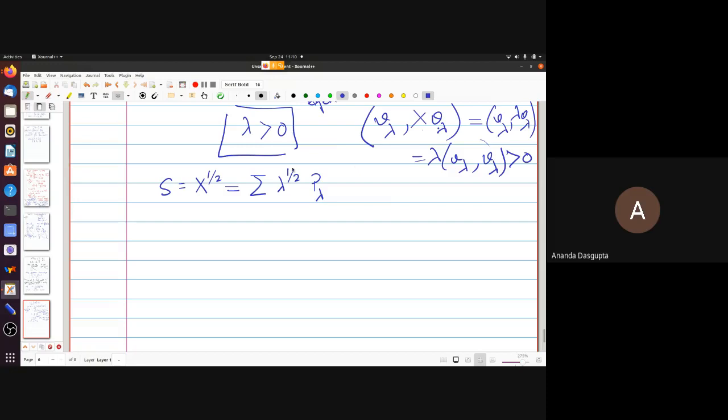You can of course always define this, and then you can easily check that S squared, which is the sum over all lambda of lambda to the half p lambda times the sum over all lambda prime of lambda prime to the power half p lambda prime, is this.